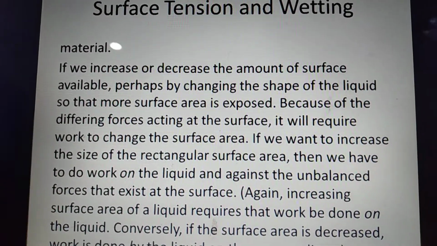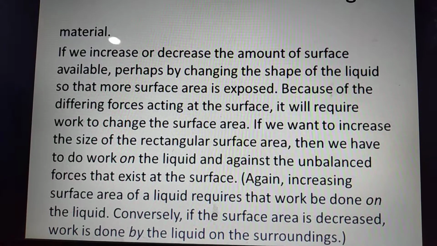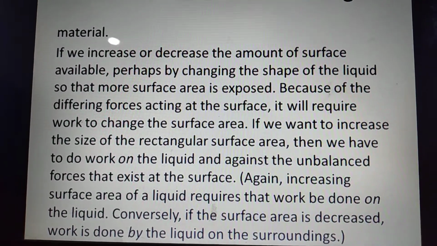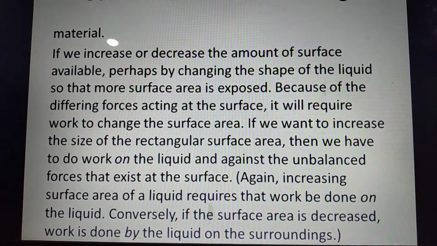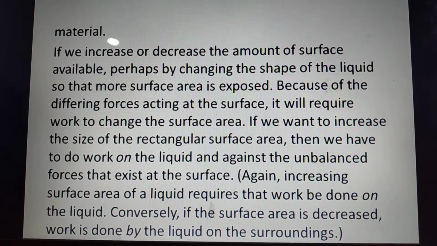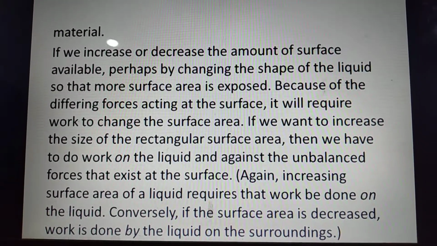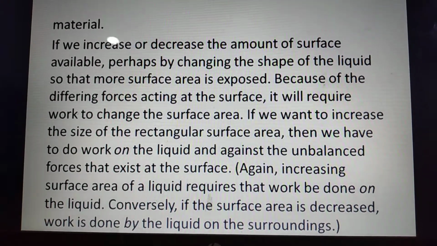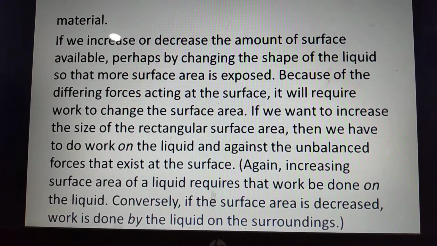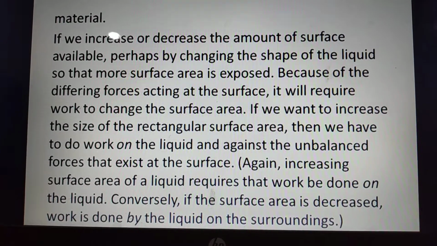Similarly, if we increase or decrease the amount of surface available, such as the surface area, by changing the shape of the liquid so that more surface area is exposed, then because of the different forces occurring at the surface, work will be required to change the surface area.